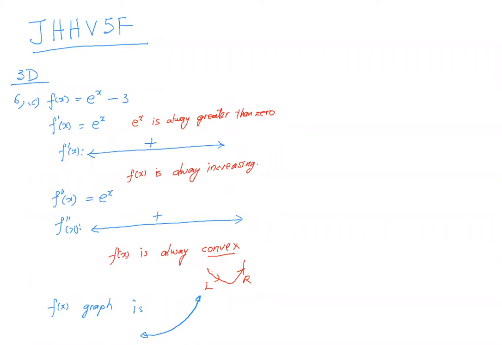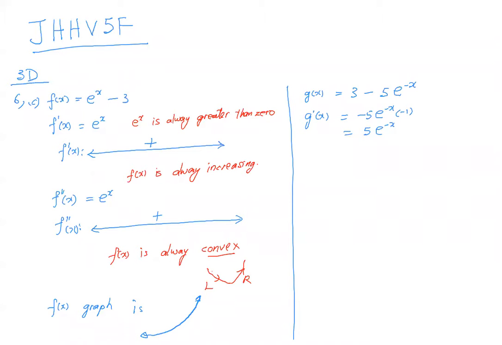Okay, let's go for gx. gx is 3 minus 5 e to the power negative x. So g prime x will be negative 5 e to the power negative x times negative 1. So it will be 5 e to the power of negative x.